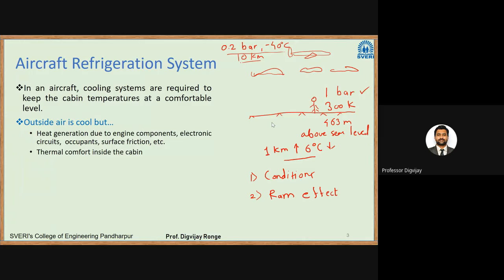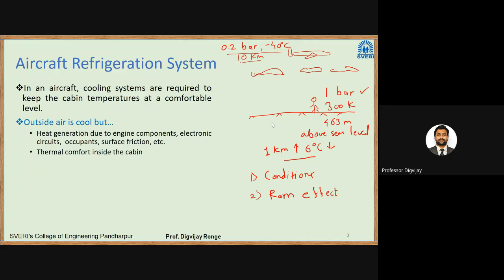Second is thermal comfort inside the cabin. Now, what is meant by thermal comfort? There is a different topic in the second section, but I will just give you a slight idea. It is the environment condition when human beings feel comfortable. So I feel comfortable when there is a 25 degrees Celsius temperature and 50% humidity.